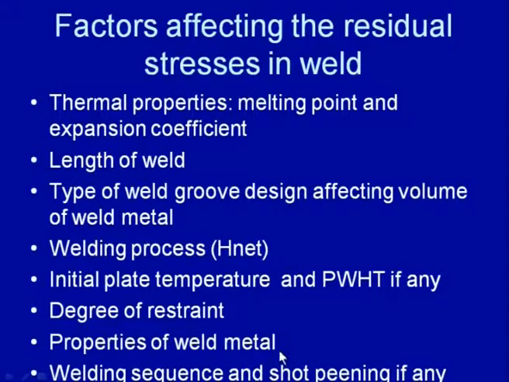Then the weld metal properties. In general, weld metal of lower yield strength results in lower residual stresses, because residual stresses higher than the yield strength of the weld metal will be eased out by the deformation of the weld metal. So, weld metal of higher strength will develop greater residual stresses as compared to weld metal of lower yield strength.